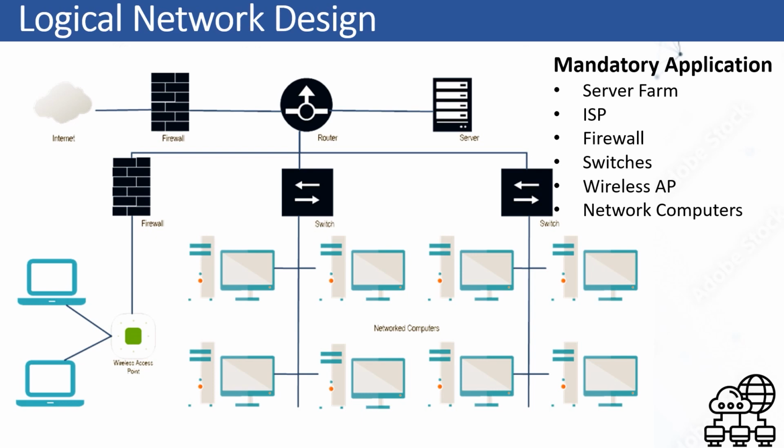Its primary function is to block unauthorized access while allowing authorized traffic to pass through. It is critical when designing a network. The firewall is typically deployed at the network perimeter to protect the internal network from external threats, as shown in the pictures. And we also have the switches.